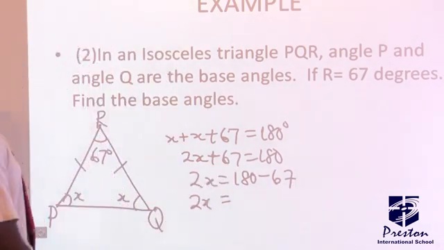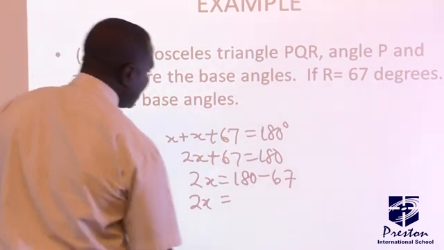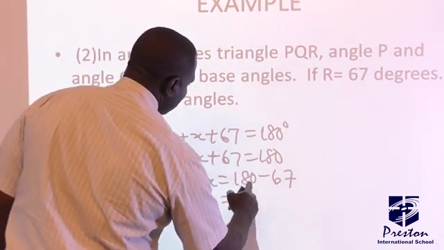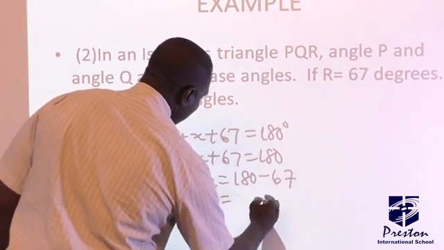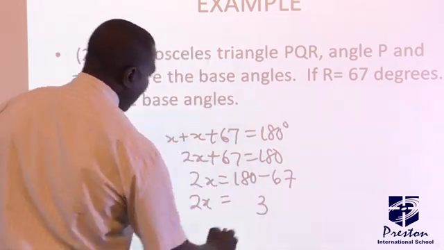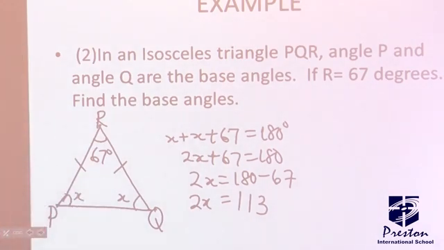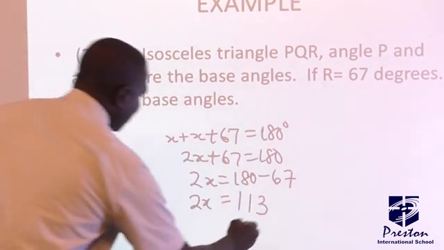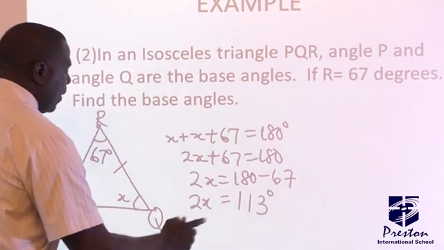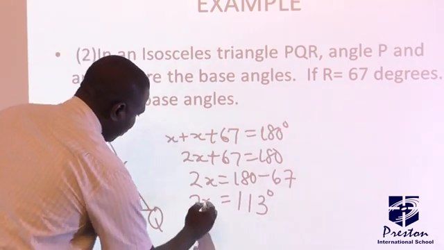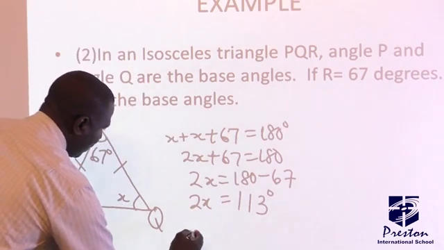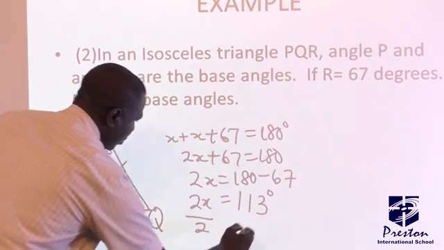Now when you subtract 180 minus 67, here you have 0, you borrow 1, that will give you 3. Then you have 1, then you have 1. That is 113 degrees. So you divide both sides by 2 for you to get X. You have to divide by the coefficient of X, which is 2 here.